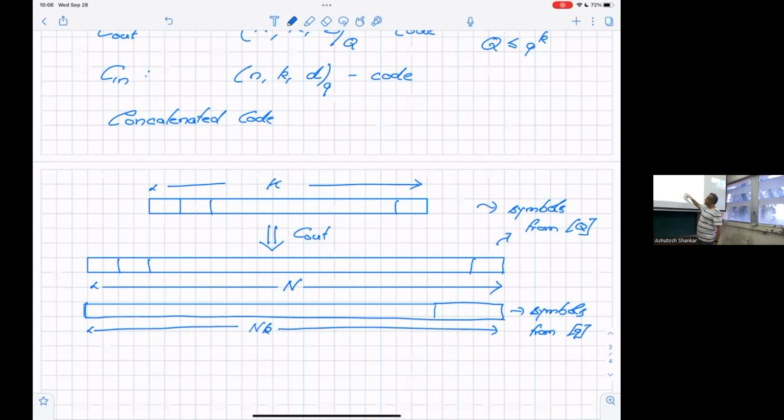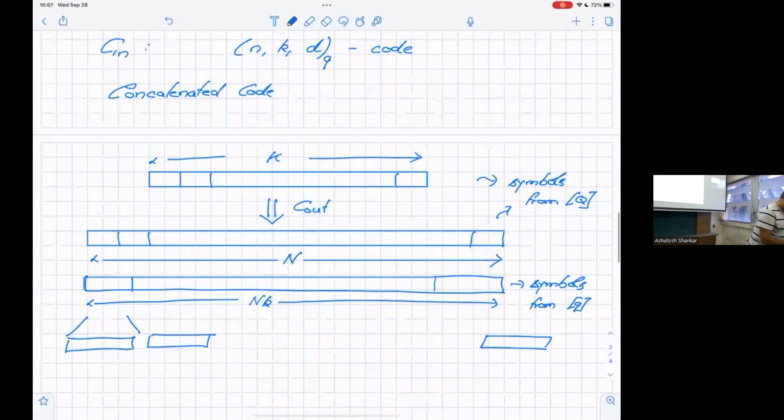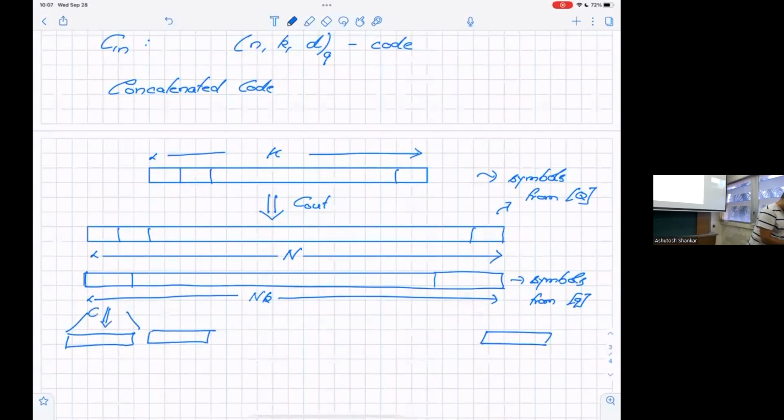So now you view it as an N small k string, and in each of these chunks you apply the inner encoding.